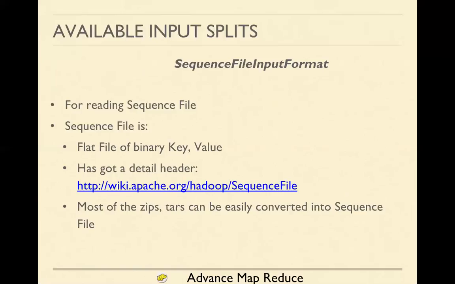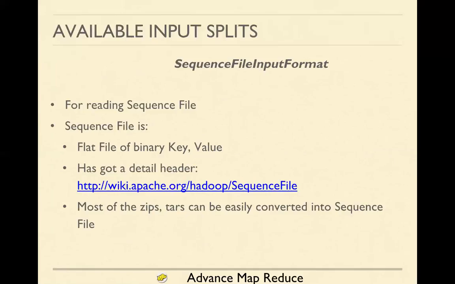Let's say you have 1,000,000 files. We compress these files, combine them together, and use sequence file format for storing them. So we basically use sequence file as a replacement for jar, tar, or zip. An archive is generally converted into a sequence file.